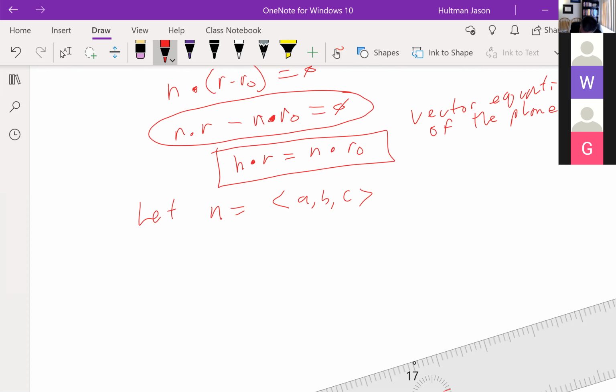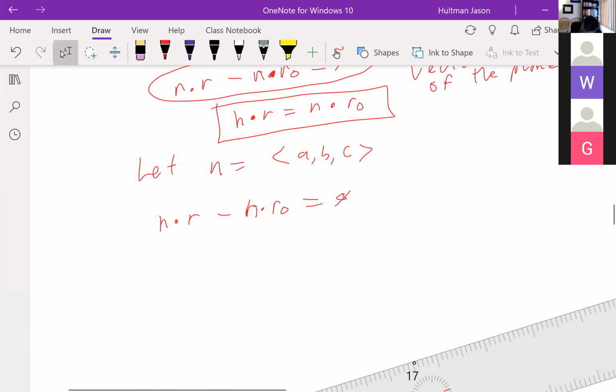We would have n dot r minus n dot r naught is equal to 0. And so we're going to say ABC dotted with r minus ABC dotted with r naught is equal to 0.